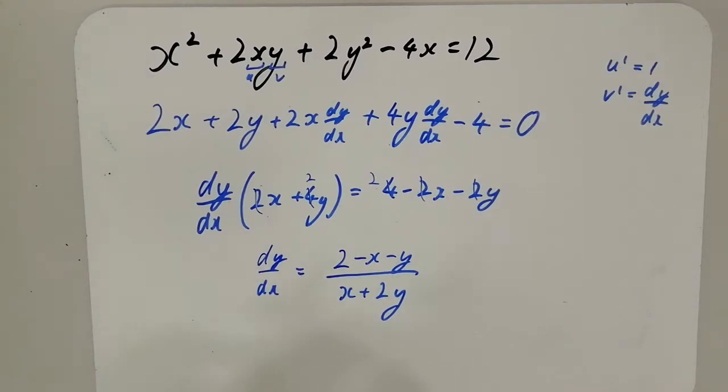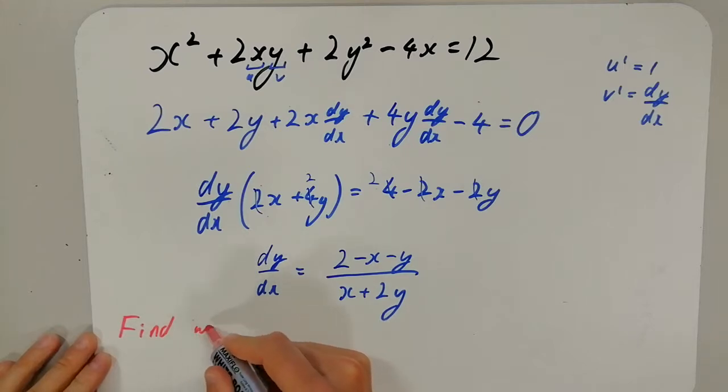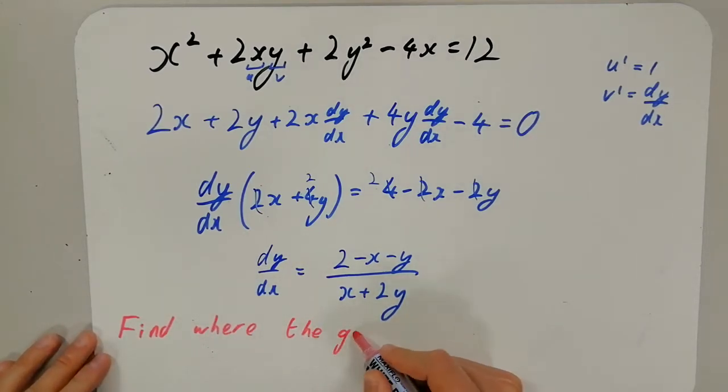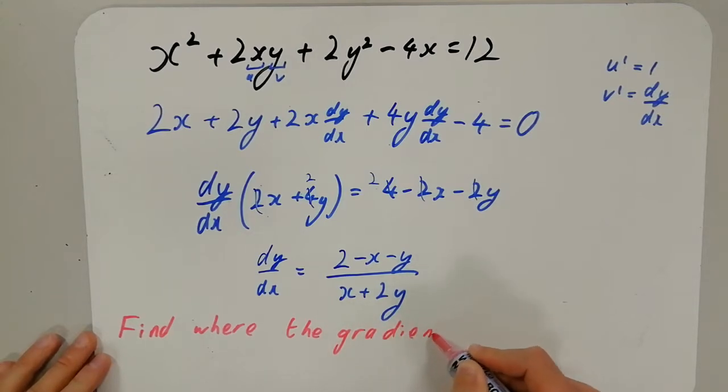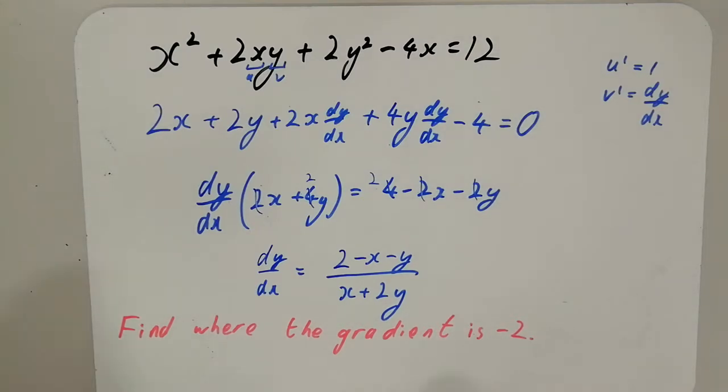Now we're just going to imagine there's a part B to this question: find where the gradient is minus 2. I want to find where on this implicitly defined curve its gradient is equal to minus 2.